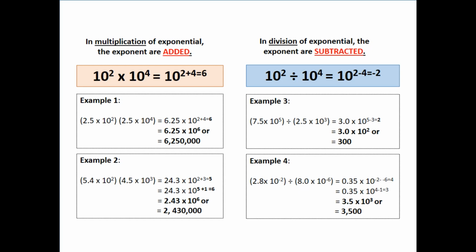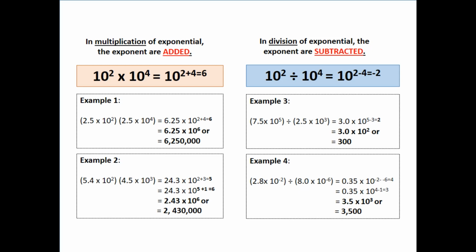So we have negative 2. So the answer would be 10 raised to the power of negative 2. For 2 minus 4, you will carry the sign of the bigger number, which is negative 4.